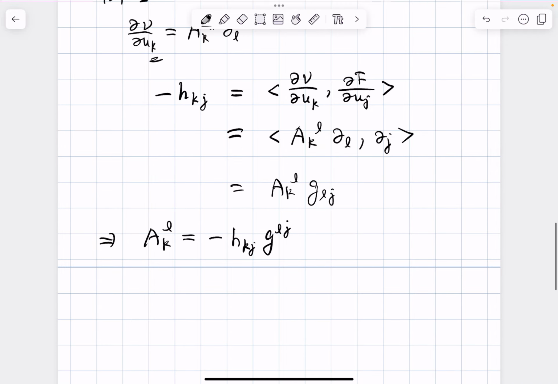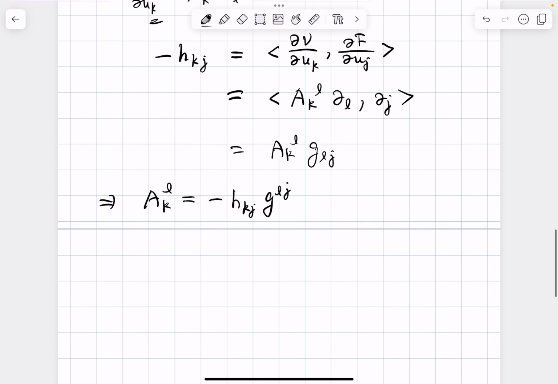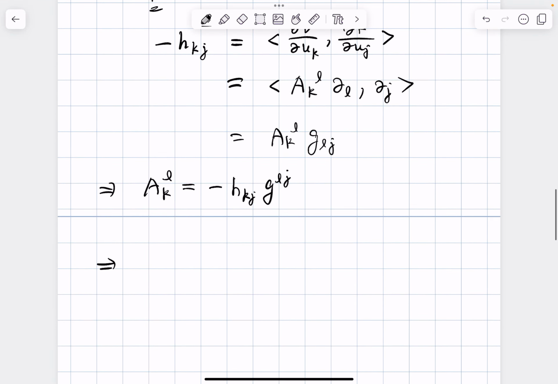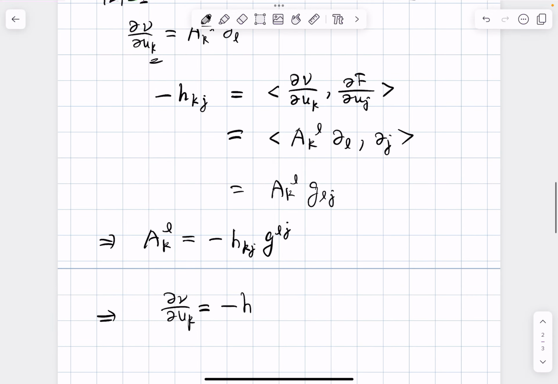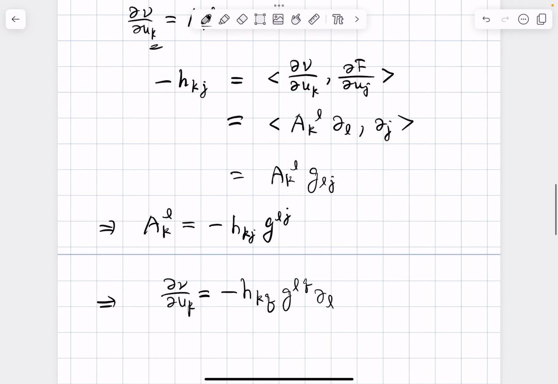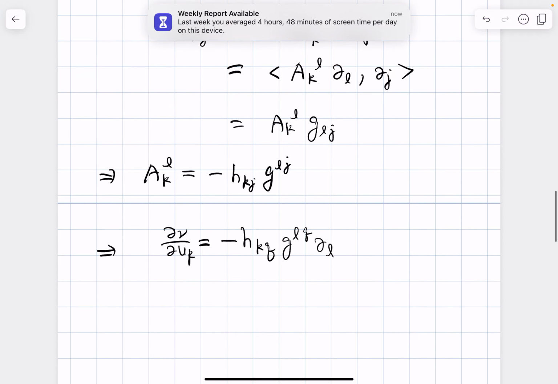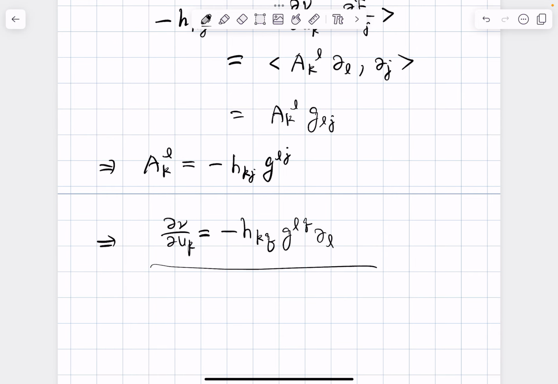Yeah, we're doing good. Therefore, we have partial ν, partial u_k equals minus h_kq g^lq partial_l. Let's use another letter for the dummy variable, q.